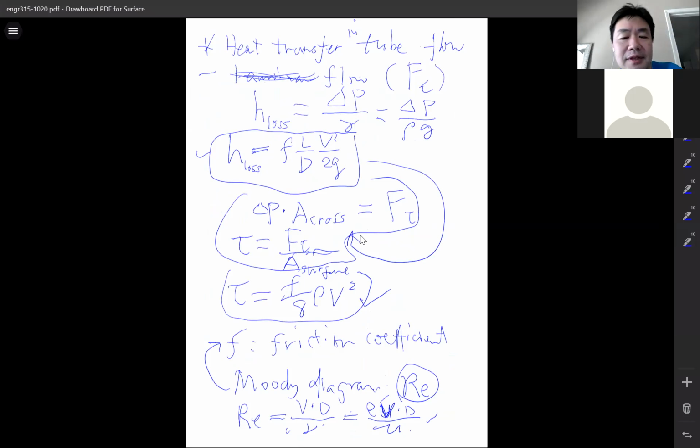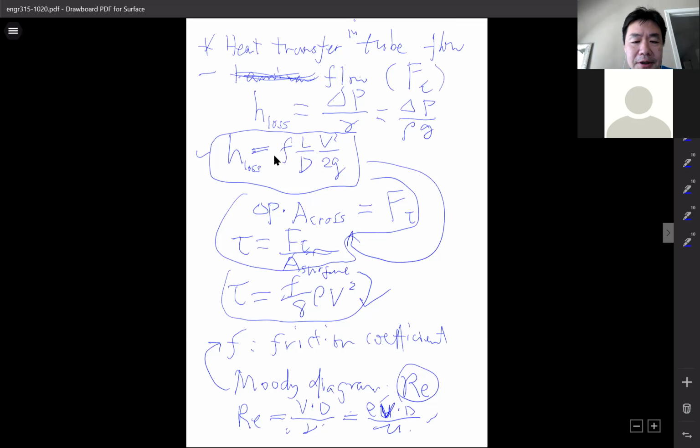You need to know how to convert the head loss into pressure drop, then convert the pressure drop into drag force, shear force, as listed on this note. Very important to understand that.